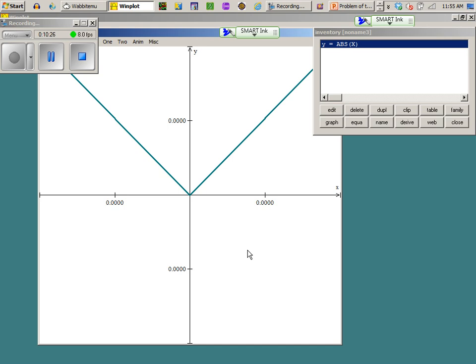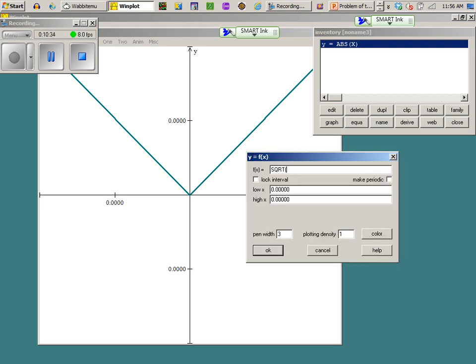Okay, now I'm going to type in a different function, but I'm not going to show you what it is. Give me 1 second.